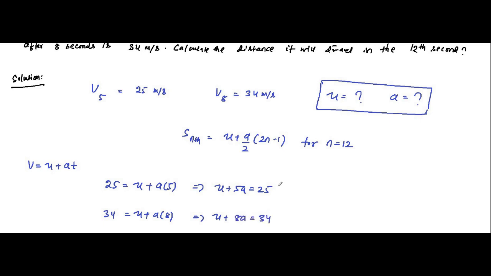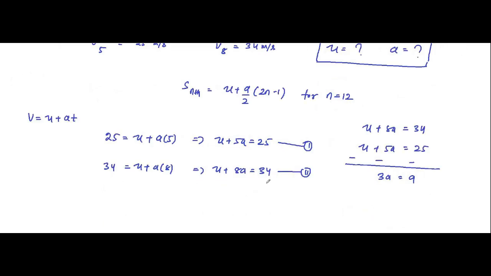This is equation 1, this is equation 2. If we subtract 1 from 2, it is u plus 8a is equal to 34, u plus 5a is equal to 25. Then it becomes 3a is equal to 9, that implies acceleration is equal to 3 meters per second squared. That is the first parameter which we want.